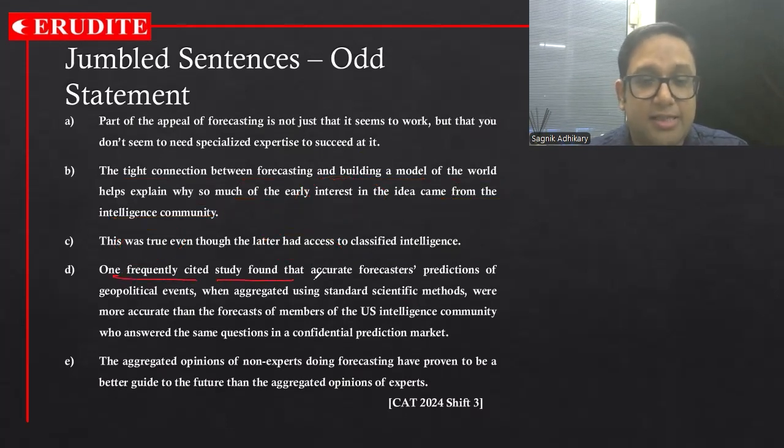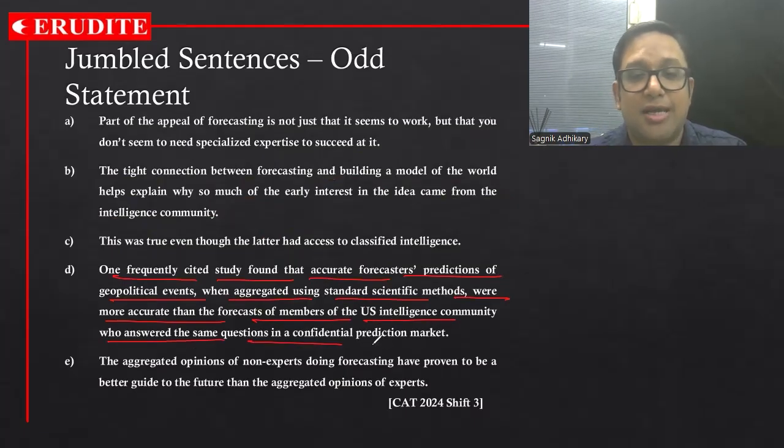"One frequently cited study found that accurate forecasters' predictions of geopolitical events, when aggregated using standard scientific methods, were more accurate than the forecasts of members of the US intelligence community who answered the same questions in a confidential prediction market." This shows us that A might also be connected.